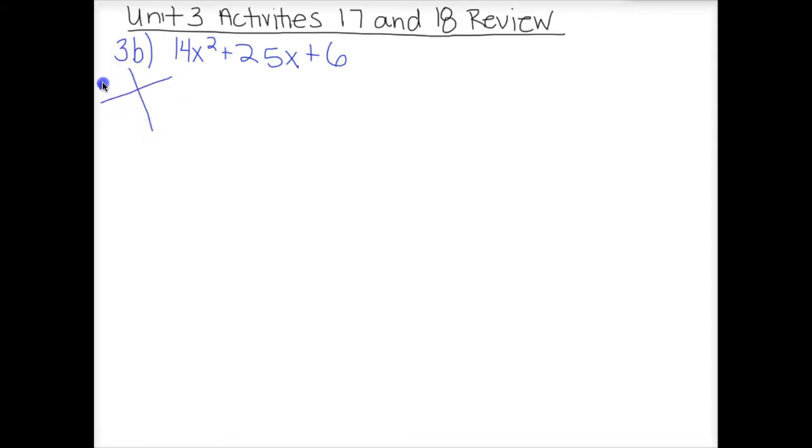So I look to see if there are factors that multiply to 14 times 6, which is 84, multiply to 84, and add to 25. So you can go through, if you don't know factors of 84 off the top of your head, just start doing 84 divided by 2, 84 divided by 3, so on and so forth, to try to find some factors.